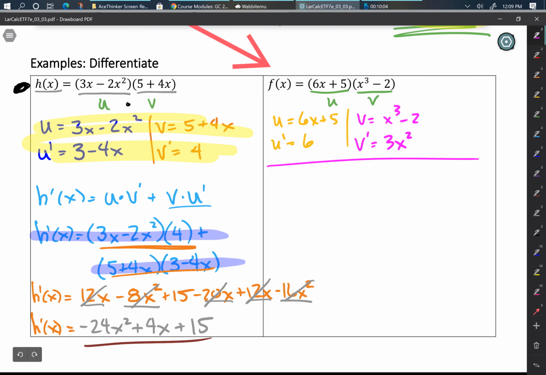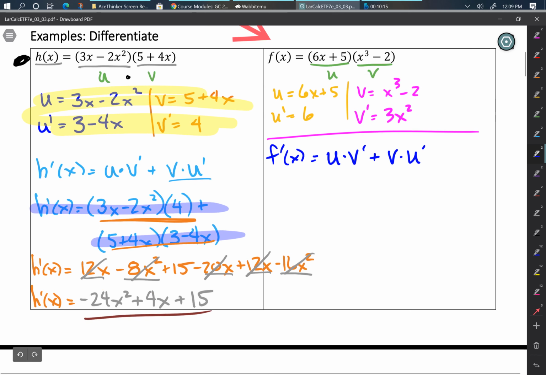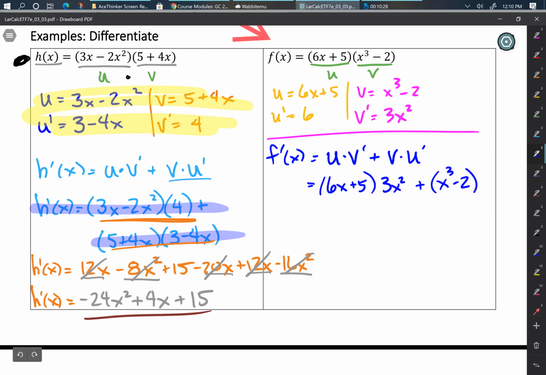So then putting it all together, the formula tells me that the derivative of the function f is going to be u times v prime plus v times u prime. Okay. So that's going to be 6x plus 5 times 3x squared plus x cubed minus 2 times 6.